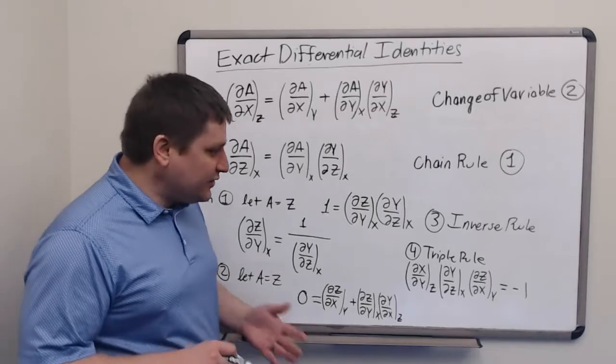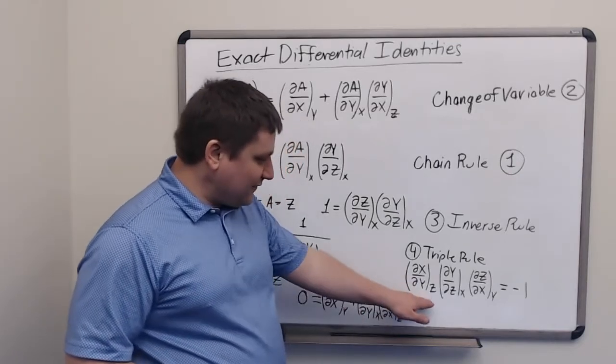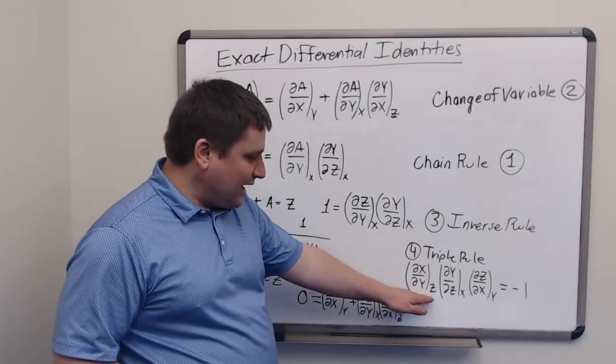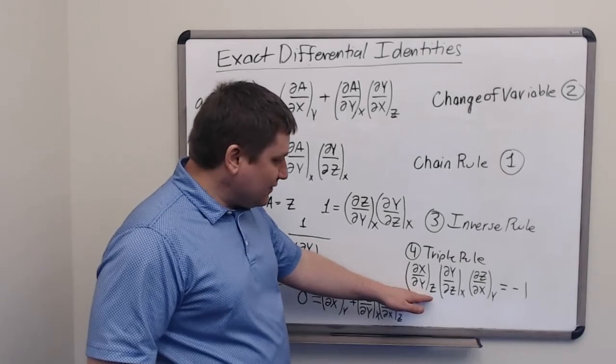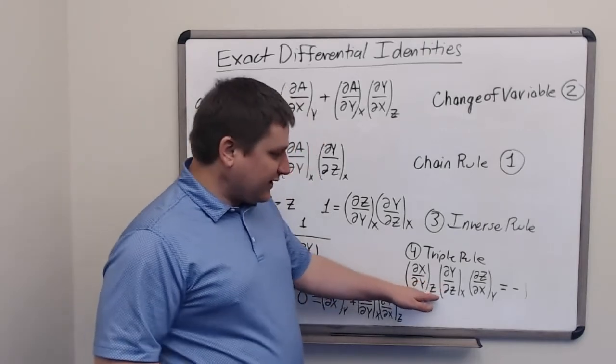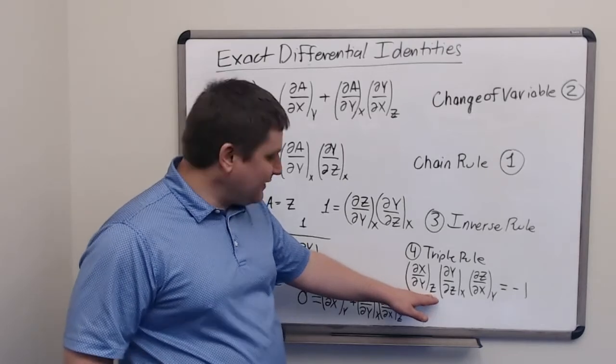So usually we use this when we have a derivative that looks like dx dy with respect to z held constant, and we don't like holding z constant. We'd rather have z be one of our variables in the derivatives.